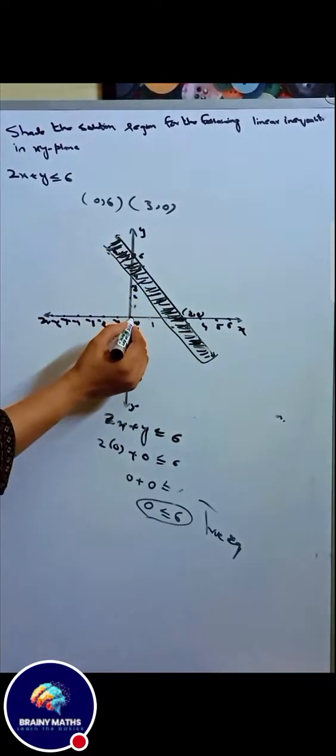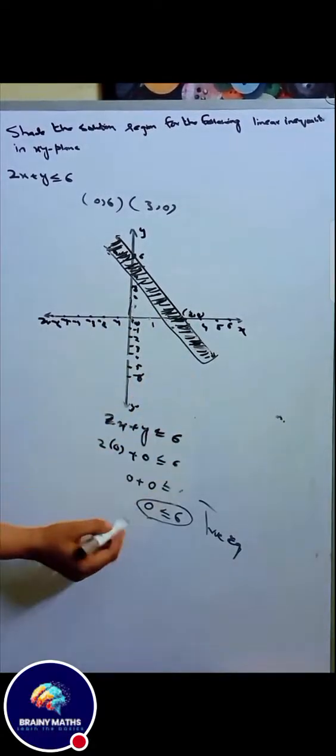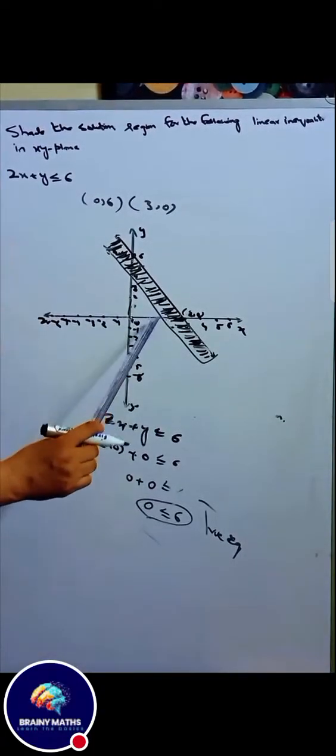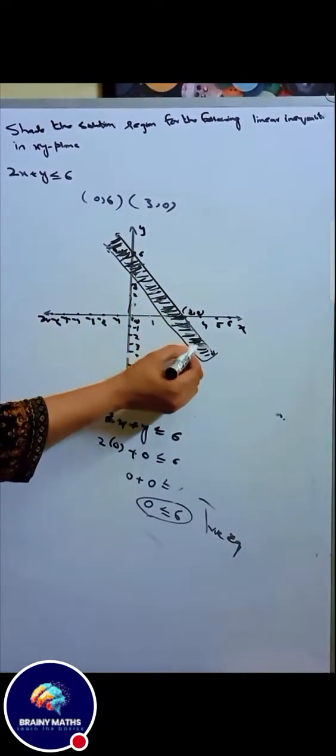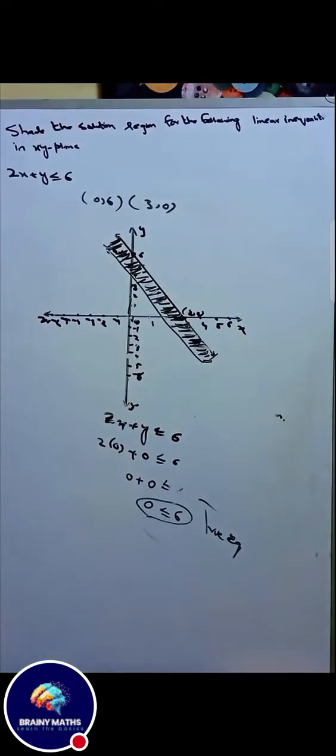The shaded part will be towards the origin. Alright? I hope it's clear. The question was to represent this linear inequality on the xy plane in a shaded area. The shaded area will be towards the origin because the condition was true. And if it is false, then it will move away from the origin. Don't worry, I will give questions on it so you will learn more clearly. Right now I am just shading it towards the origin. This is your answer. I hope it's clear.